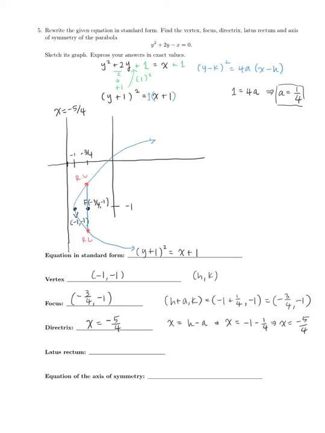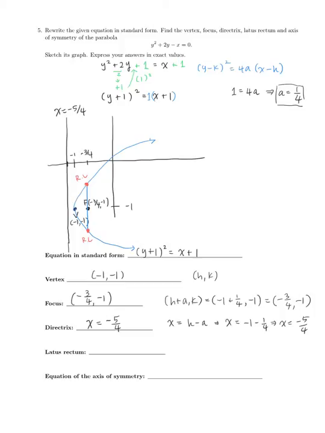That's nothing but an intersection between the graph and the line x = -3/4. So to find the latus rectum, set x = -3/4 and find the corresponding y value. That's all you need to do.